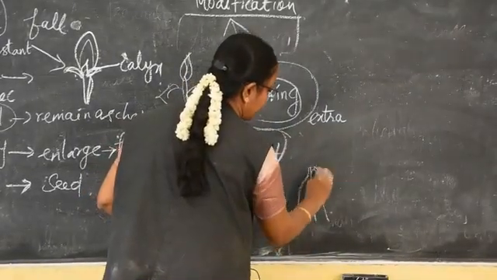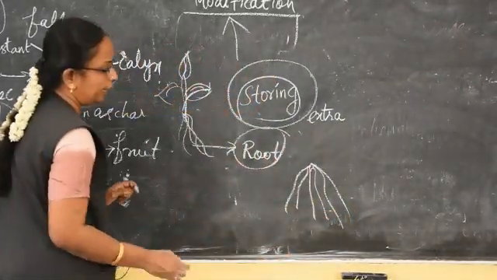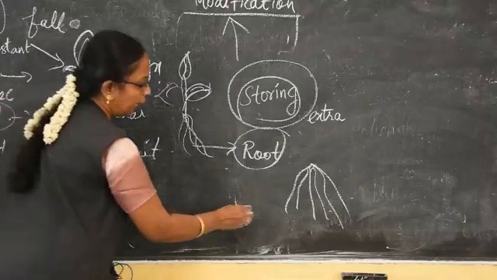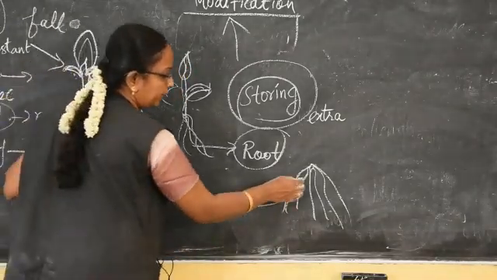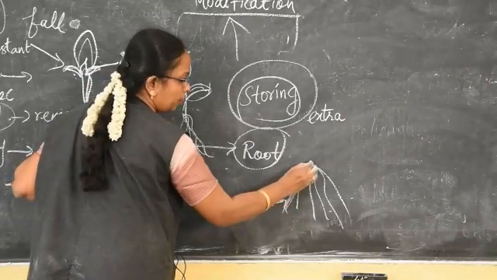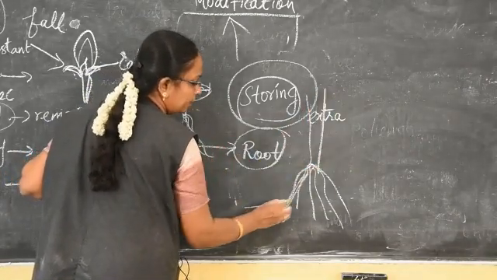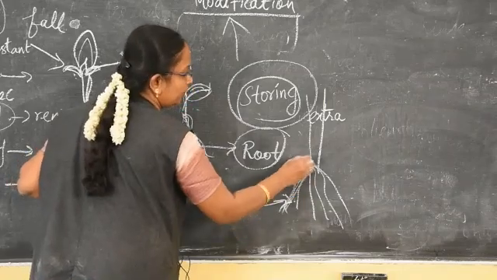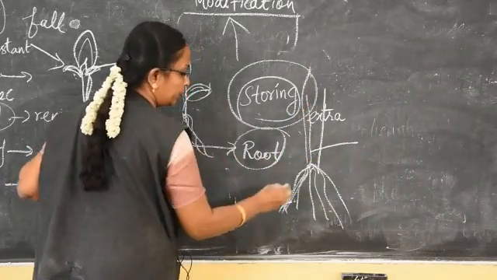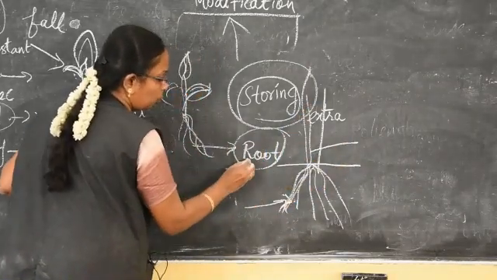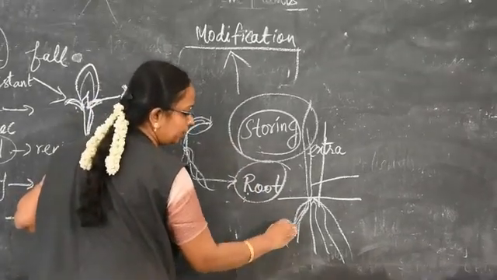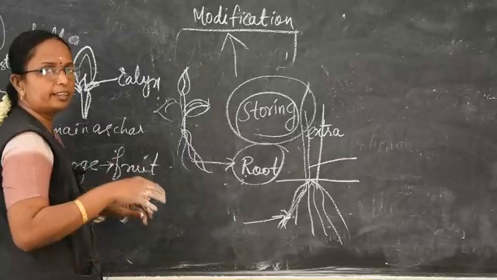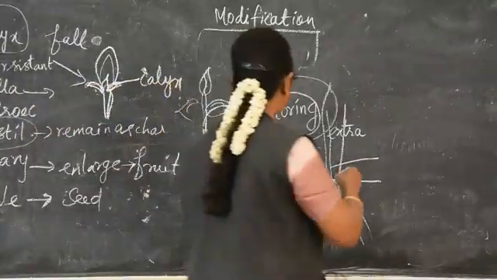Anchorage, fixing the plant in the soil, and then absorbing the minerals from the soil and conducting them to all parts of the body. So root, what is its main function? Anchoring, absorbing and fixing the plant.